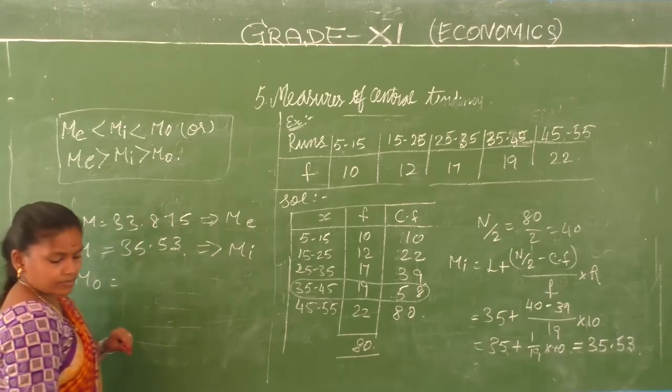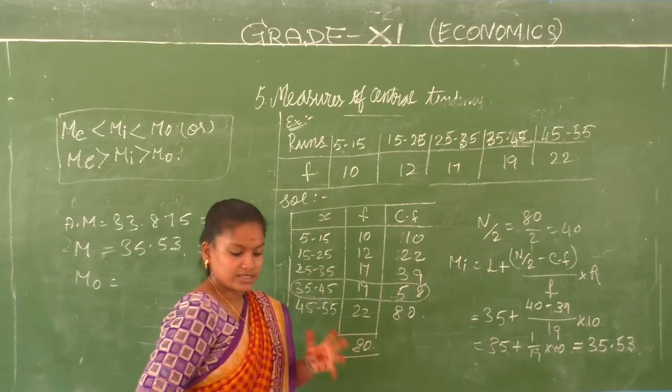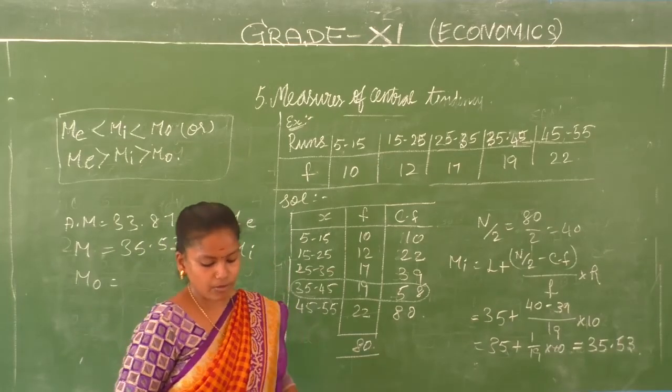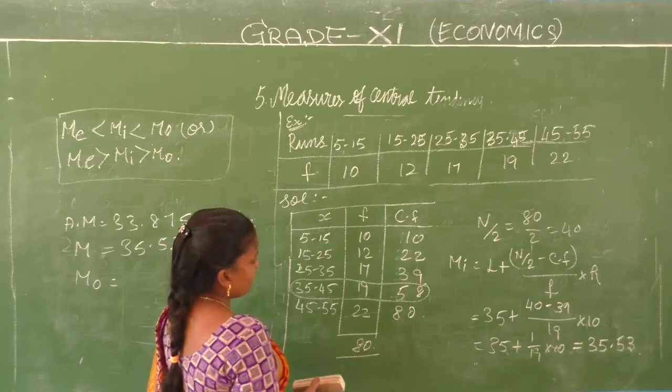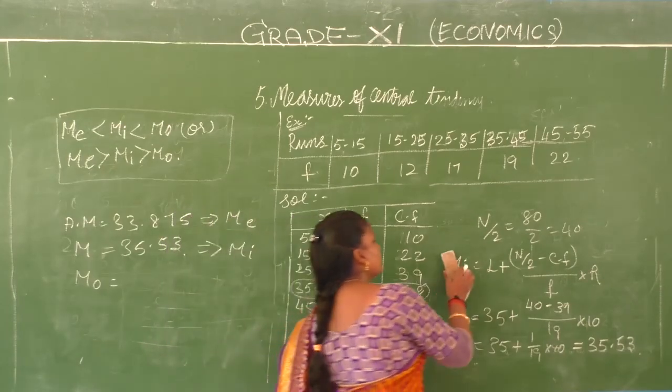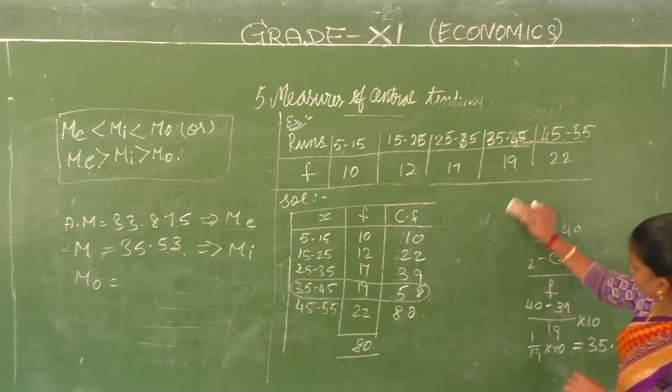Next, what are we going to find? Mode. How do we do that? Just now we discussed. We are going to find the modal class. With the help of the modal class, we are going to find the mode. So where is the modal class? Here we just need the frequency. We don't need your cumulative frequency.